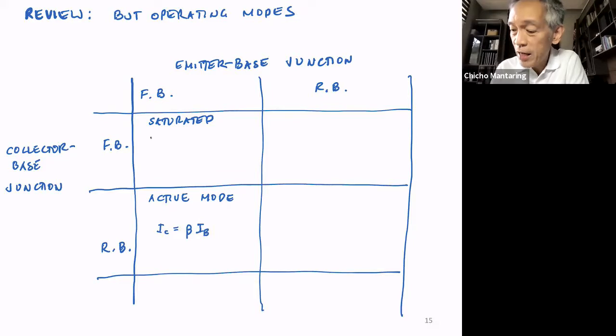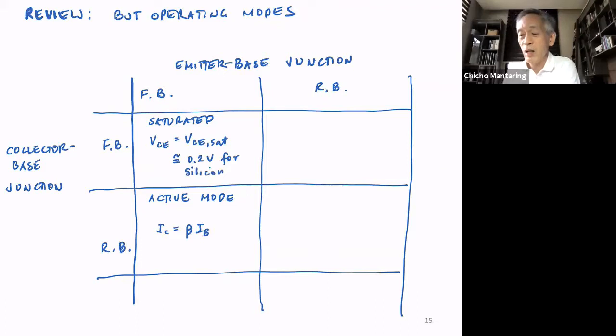Your VCE is equal to VCE SAT, which is approximately equal to 0.2 volts for silicon. That is the primary characteristic of a transistor that is saturated.